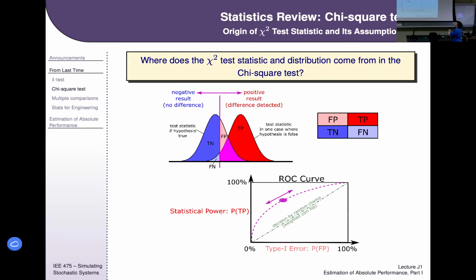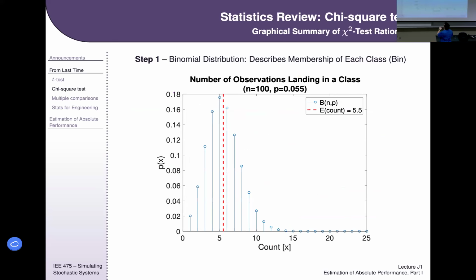Okay, so we talked about the chi-squared test last time. I want to show some demonstrations of the big thing we mentioned: where does the 5 come from in the chi-squared test? Let me demonstrate that a little bit differently than I did last time. What I have here is a binomial distribution.